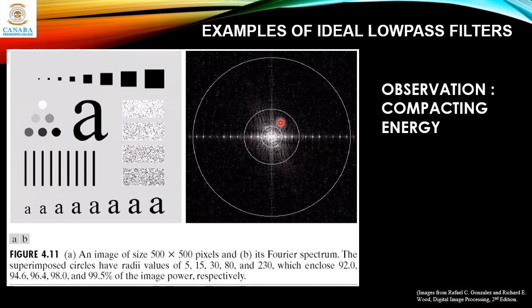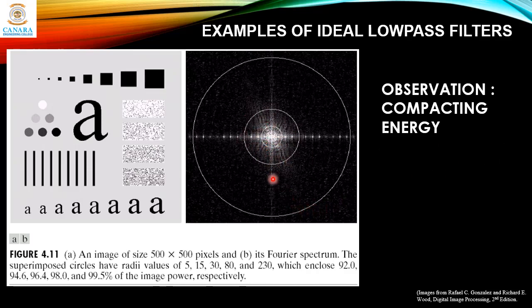This covers a lot of area, but the increment between these two circles is only 1.5%. The entire area between them holds only 1.5% of the image power, but the smaller region inside holds 98% of the energy. So the energy is compacted near the origin. This is one fact we should remember.